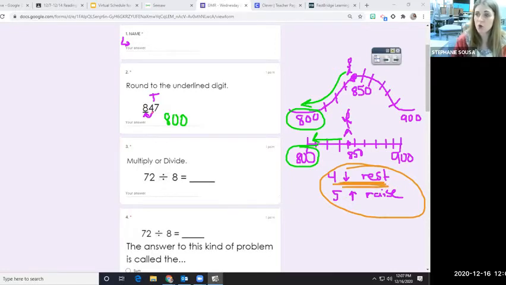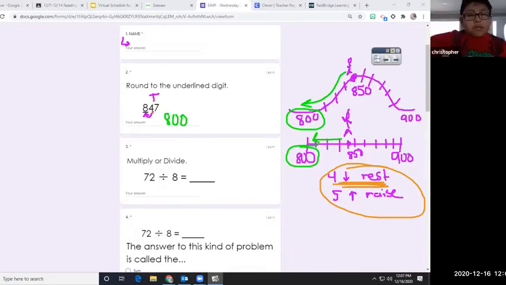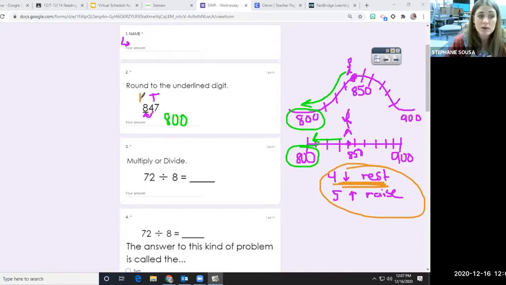Okay, questions on rounding. Are there questions on how to round? That's a quick review. Christopher. It's because last time that I was doing this DMR, I got confused of the 8 because of the 4, because the 8 was underlined. Yes, so that tells us that we're rounding to the hundreds place.